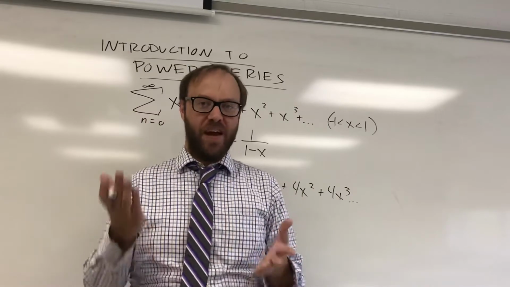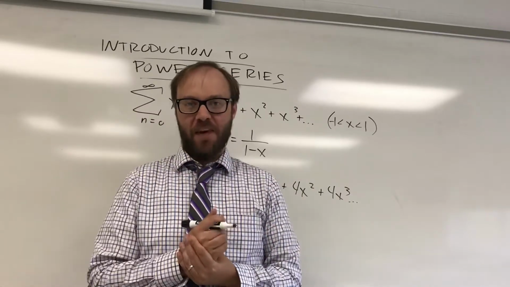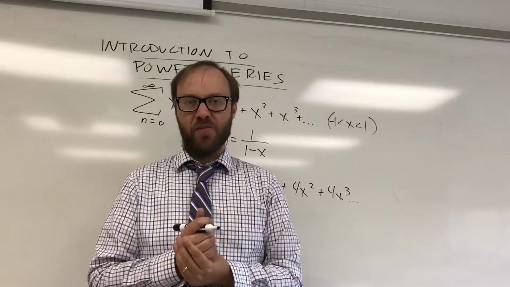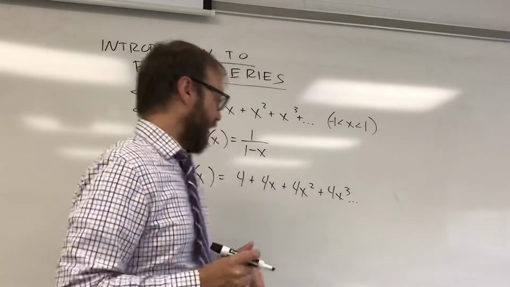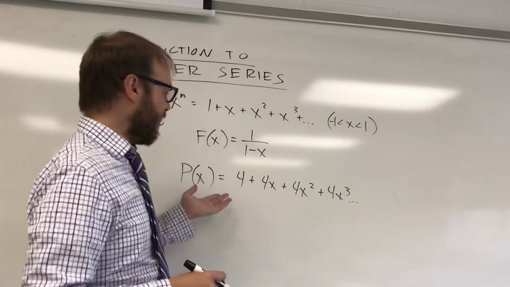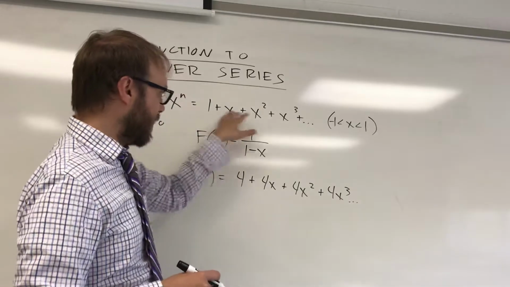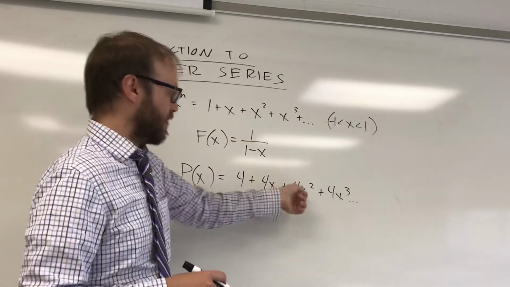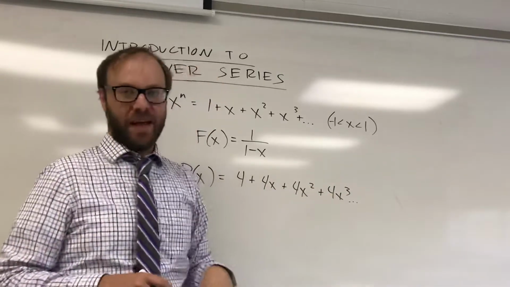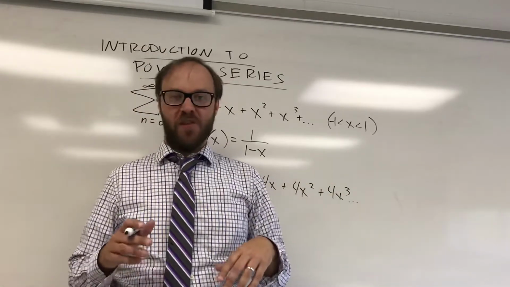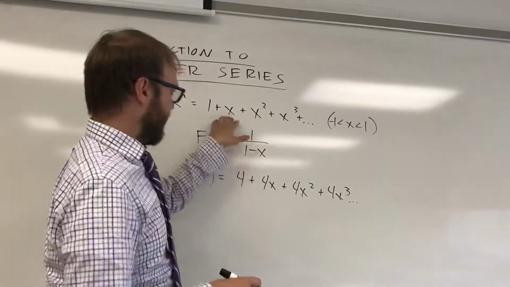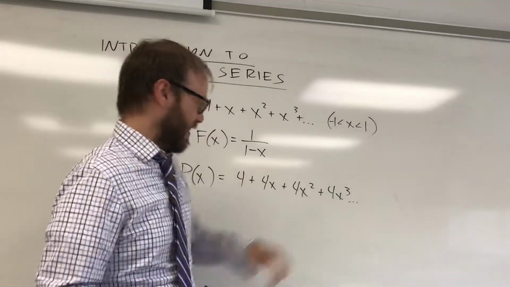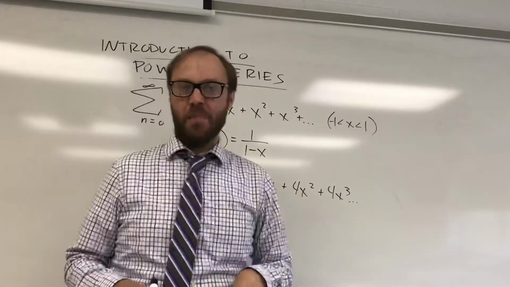So that's something you always want to keep in mind. Most series, if you write 5 or 6 terms out, will come very, very close to what you're trying to represent. All right, so down here I have a series that looks a little bit like this series, but not quite. Notice it's 4 plus 4x plus 4x squared plus 4x cubed and so on. The only difference between this series and the original is that the lower series got multiplied by 4.